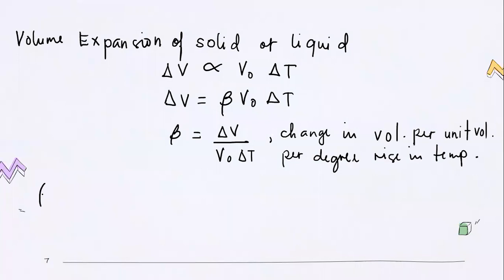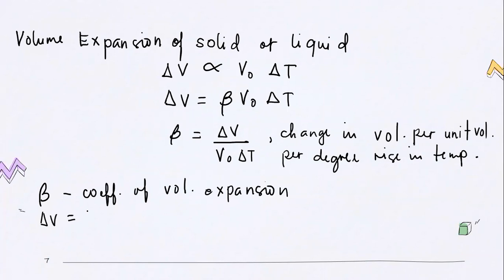Where beta is the coefficient of volume expansion, the change in volume is equal to the final volume minus the initial volume, and the change in temperature is equal to the final temperature minus the initial temperature.